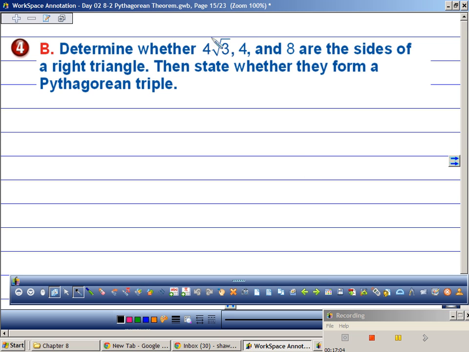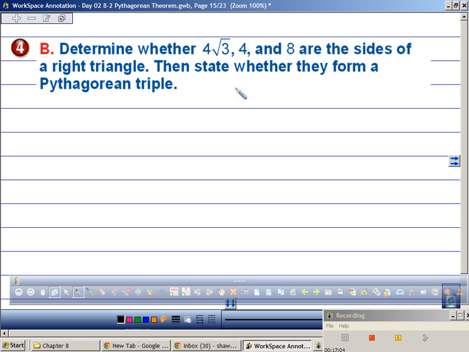Here's the last one. Do we know if this is a triple? It can't be a triple because it's not whole numbers, but let's see if it's a Pythagorean right triangle. Which one's the longest side? 8. So it would be 8 squared equals 4 root 3 squared plus 4 squared. 64 equals, 4 squared would be 16.